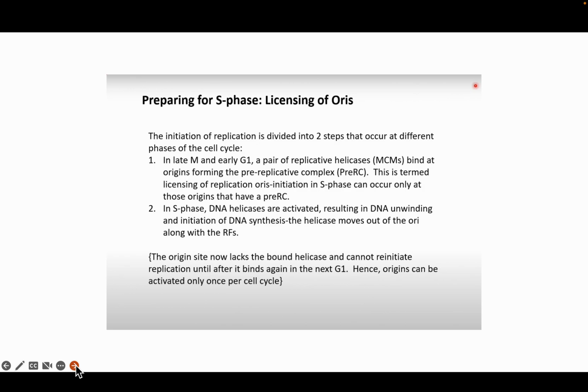So when everything goes right, the cell prepares for S phase. That is also called licensing of ORIs, the origins of replication. The initiation of replication is divided into two steps that occur at different phases of the cell cycle. In late M and early G1, a pair of replicative helicases, also called MCMs, bind at origins, forming the pre-replicative complex.